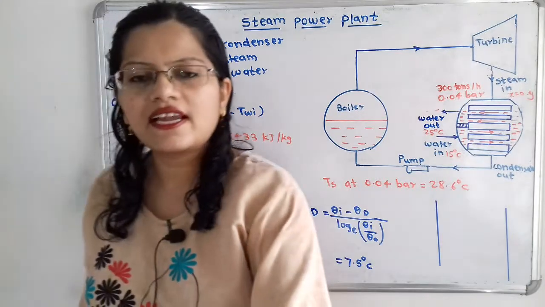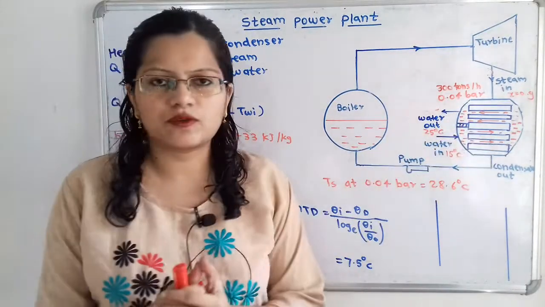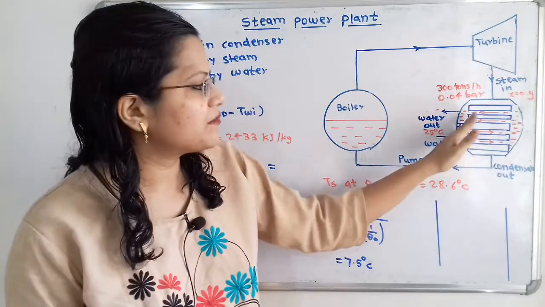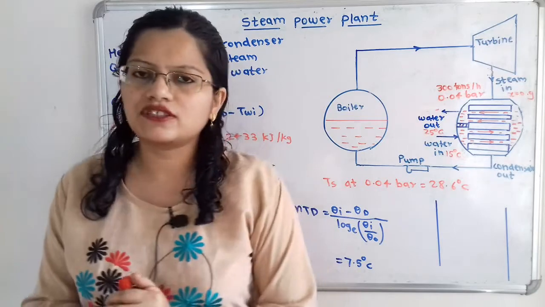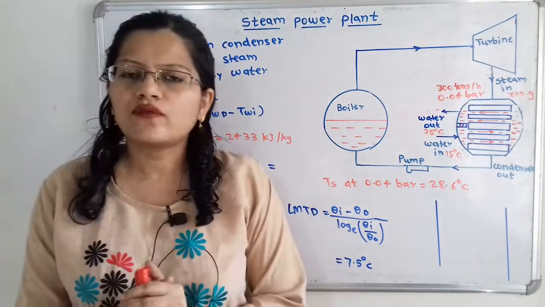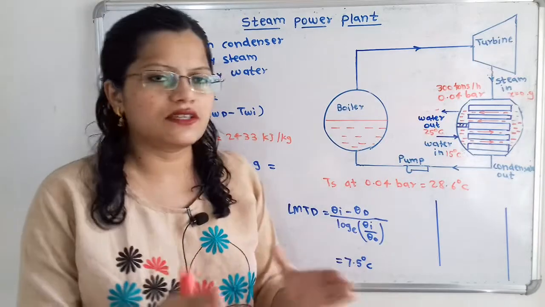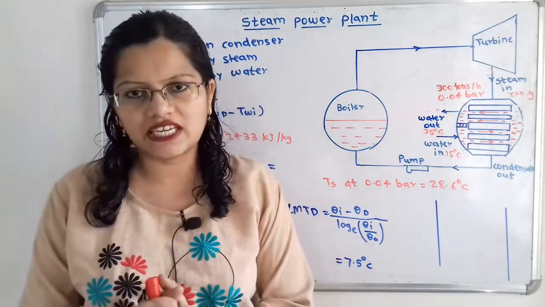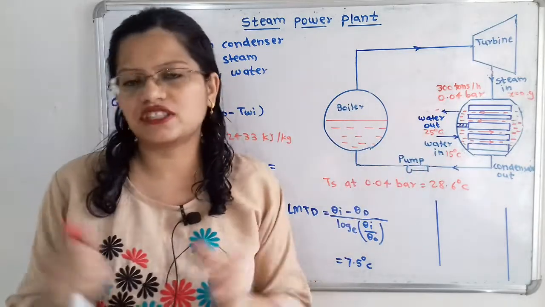It is related to the heat transfer process, that is, the heat lost by steam is equal to the heat gained by the water. So what is the temperature of the steam? We know that this temperature remains constant because in the condenser only a phase change process is taking place, and the heat is absorbed by the water during the phase change process.